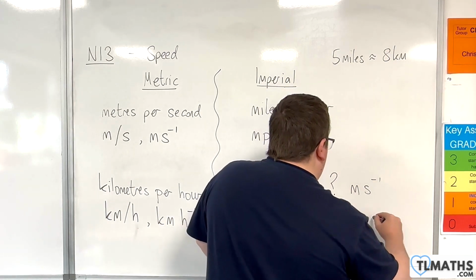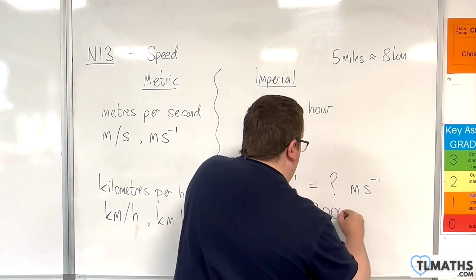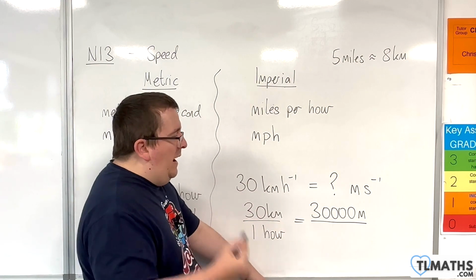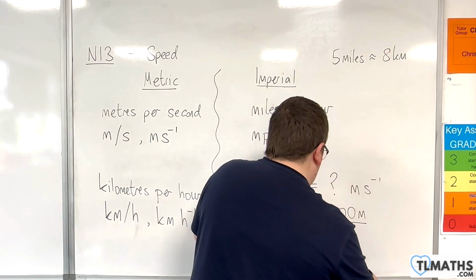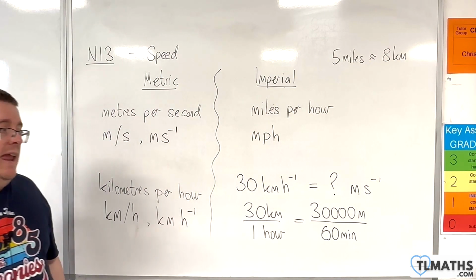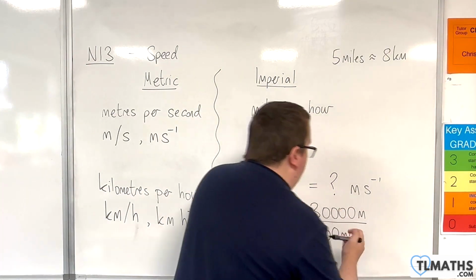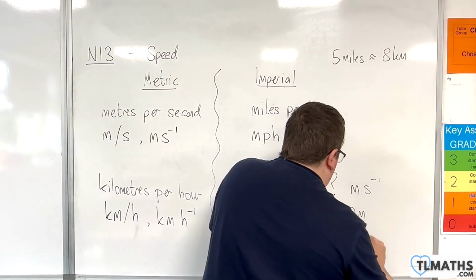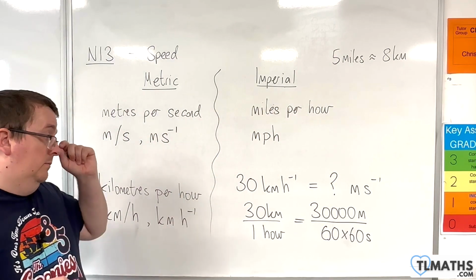So you want to think about it like 30 kilometers is 30,000 meters. And 1 hour, well, I know that that's 60 minutes. So I can now write it in meters per minute, but I want to get it into meters per second. So each minute is 60 seconds. So that would be 60 times 60 seconds.